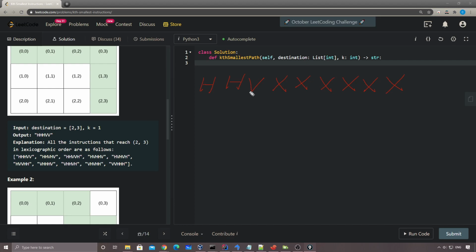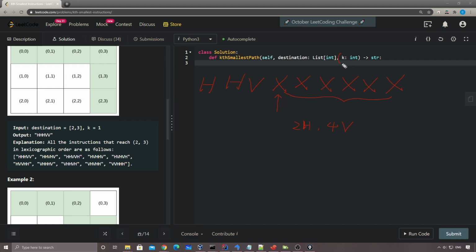Let's say we have already fixed HHV, so now we're at this location, and assuming we have 2 H's and 4 V's left in this range. At this place, we only have two options.